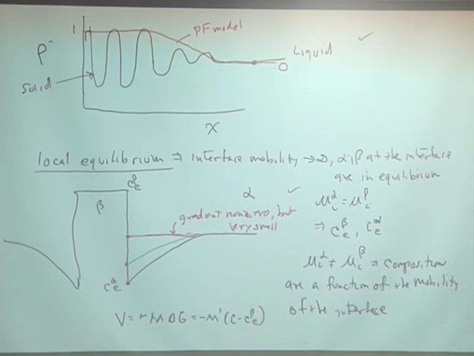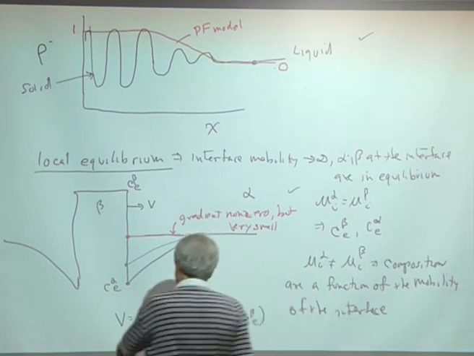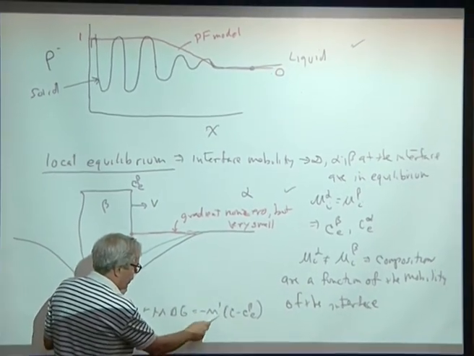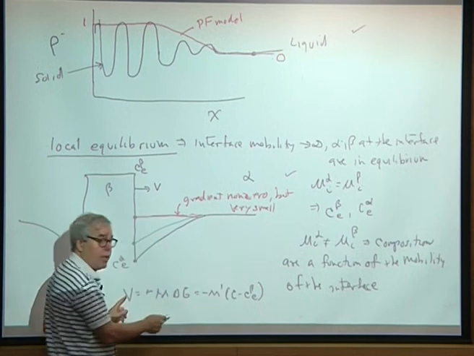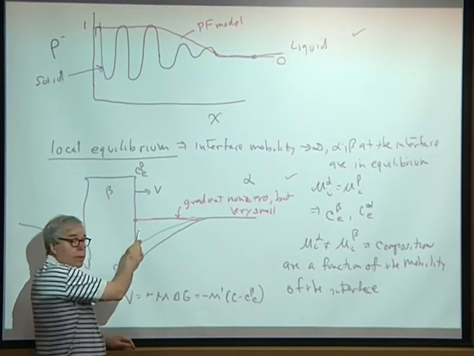And so if the velocity is non-zero, C can't be equal to C_beta^E. And so it depends upon this mobility coefficient, how big that is, for a given velocity V, how big this concentration difference is. And so for very low velocities, if I fix V, and if you have very low mobilities, that means that this difference has to be big, and that moves this thing up here.